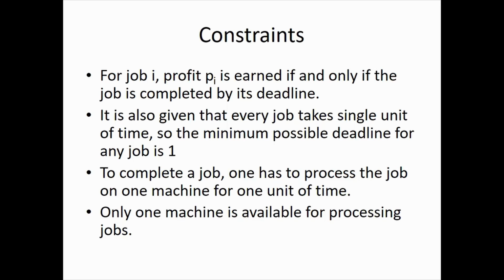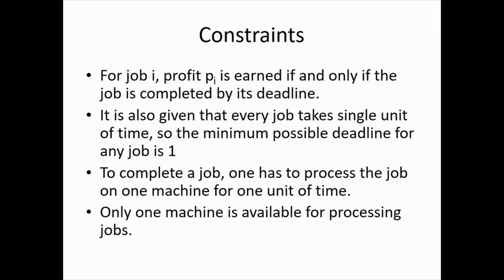It is also given that every job takes a single unit of time. Whenever we process our job, it would take only 1 unit of time. So the minimal possible deadline for any job is 1. To complete a job, one has to process the job on one machine for 1 unit of time. Only one machine is available for processing jobs.